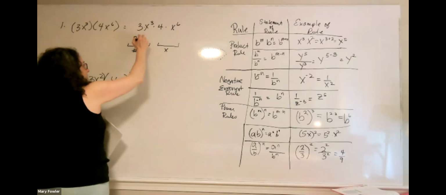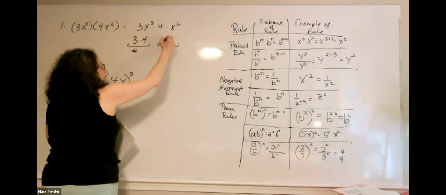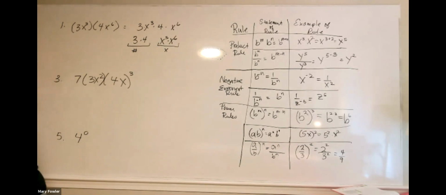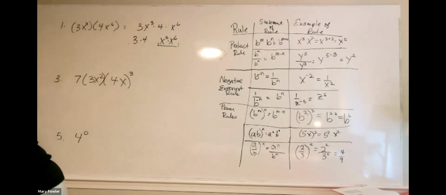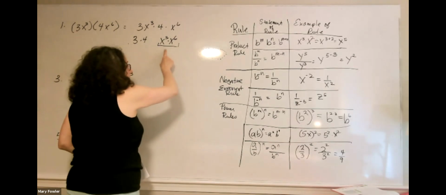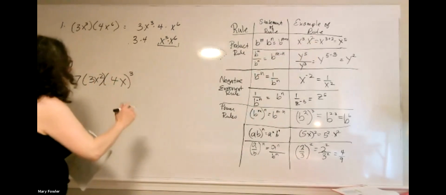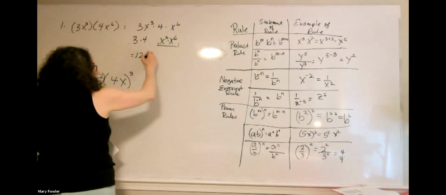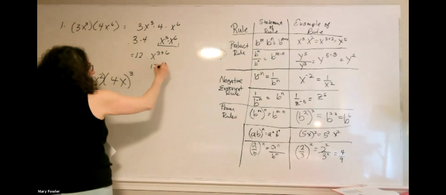So this is 3 times 4 in the number bucket, x cubed times x to the 6th in that x bucket. And now this looks like that rule that we talked about before, the product rule. So the numbers give us a 12, and this is x to the 3 plus 6. So it's 12x to the 9th.